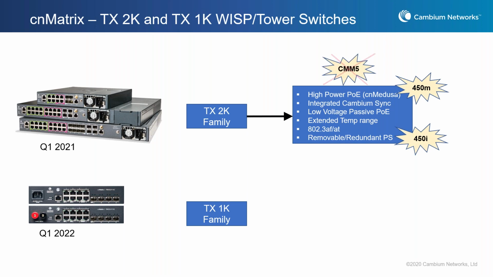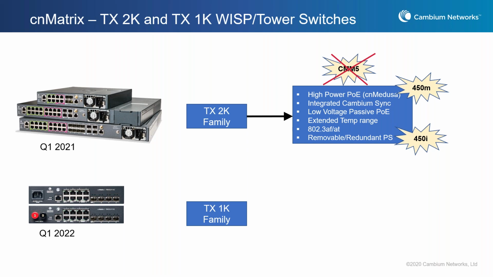Ideal for, I'll give you some examples of Cambium radios, the 450M, right? The 450M needs up to 90 watts of power. Well, the TX2K family can support up to 4 of these 450Ms on the TX2012, or up to 8 simultaneously. 8 of these radios all pulling 90 watts at the same time can be supported on the TX2K family.